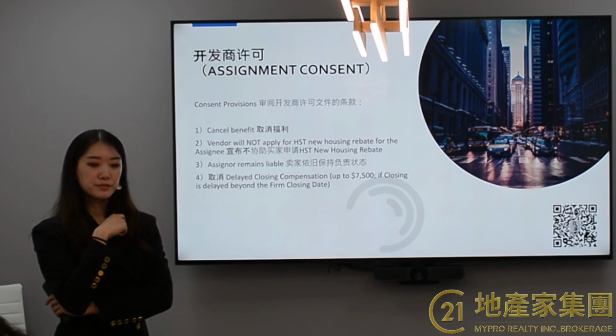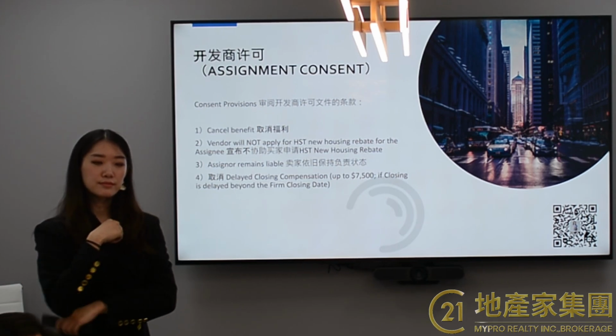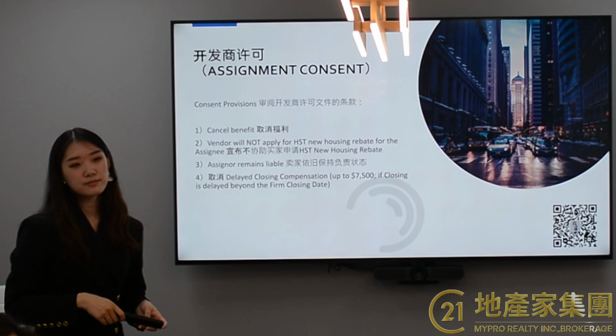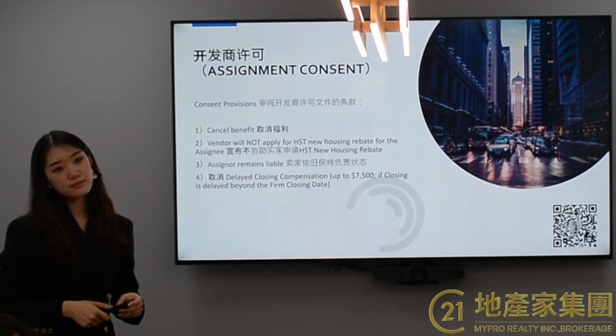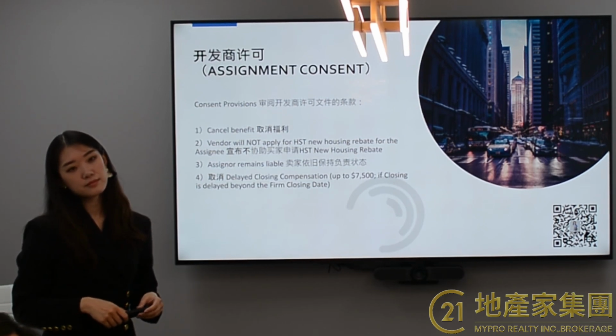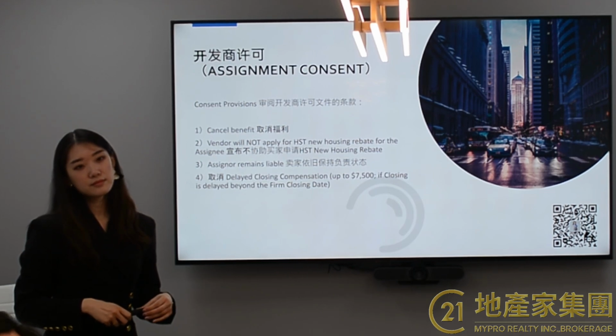So the first lease needs 12 months. For this situation, if we accept this unit on the assignment, we need to require the first lease agreement from the assignment to continue at least 12 months.